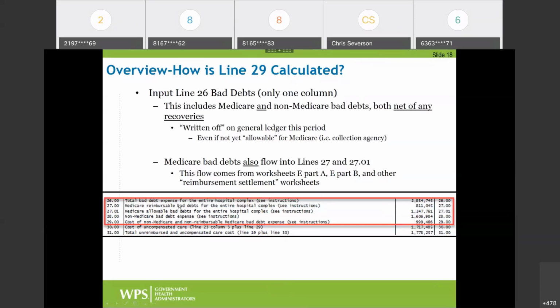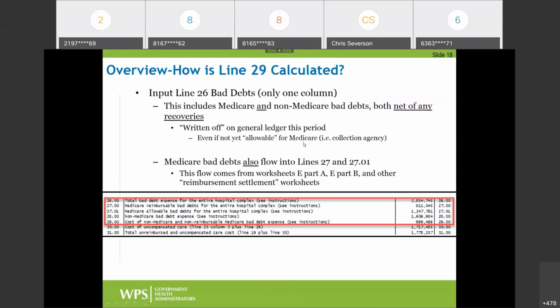The point I want to stress here is that this is solely related to your financial statements, your financial accounting records, not just Medicare and not even just what was reported on the Medicare settlement worksheets like E-Part A or E-Part B. So what I'm saying here, and we've talked with CMS and other MACs about this too, to make sure everybody's on the same page. These are those that were written off of your general ledger this period, even if that has not been allowable for Medicare yet.